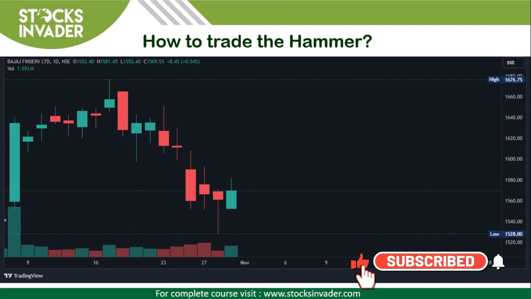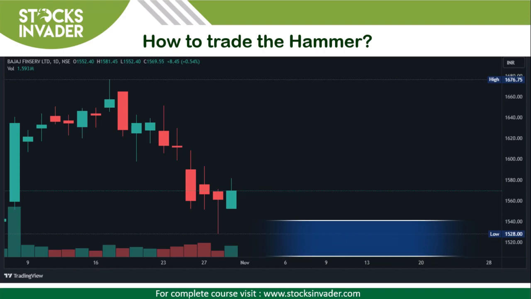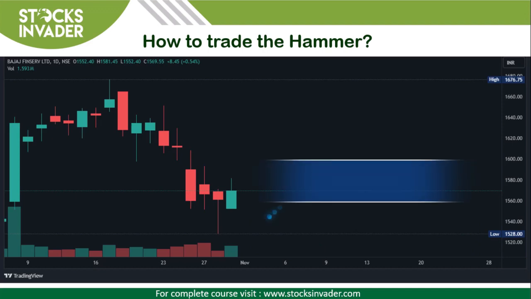So here's how you can trade the hammer pattern. Firstly, confirmation is the key. Always wait for the next candle to confirm the reversal. A bullish continuation of the pattern, that is, a green candle closing above the hammer's close, can serve as that confirmation. Secondly, volume matters.